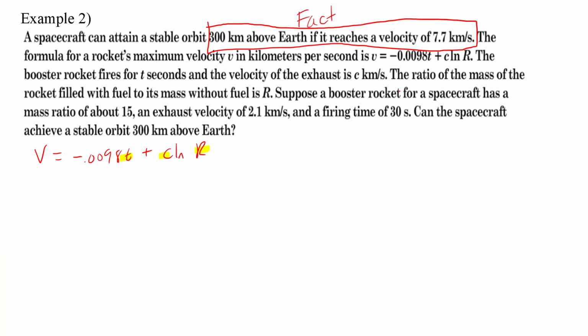So you continue to read, and it said the ratio of the mass of the rocket filled with fuel to its mass without fuel is r, right? So suppose a booster rocket for a spacecraft has a mass ratio of about 15. So that's telling me my r. Exhaust velocity of 2.1 kilometers per second, and a firing time of 30 seconds.